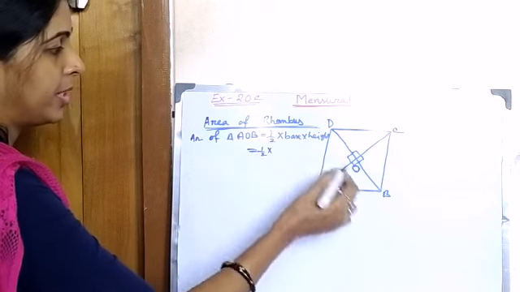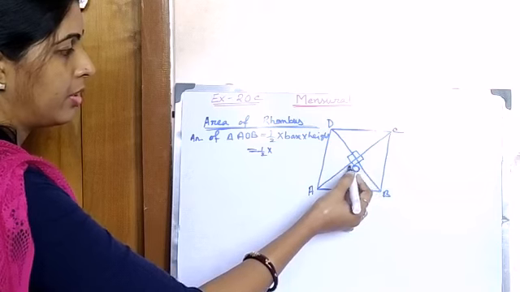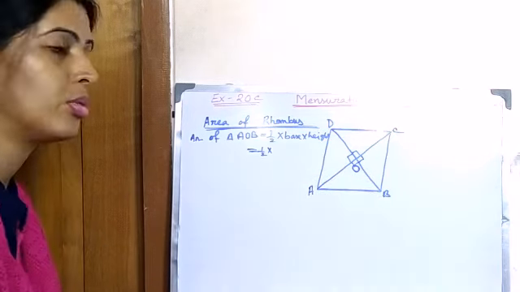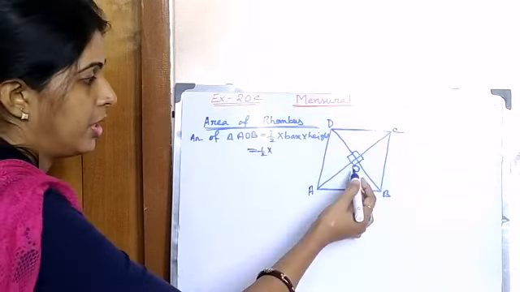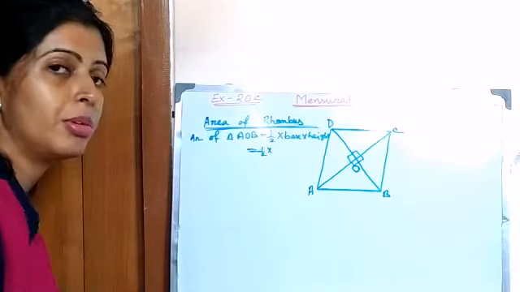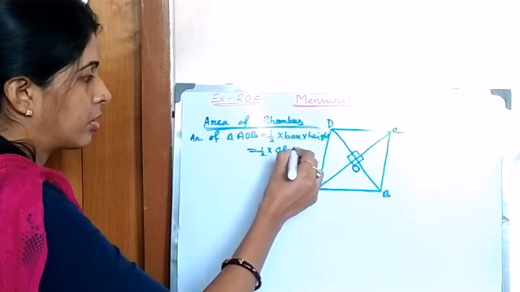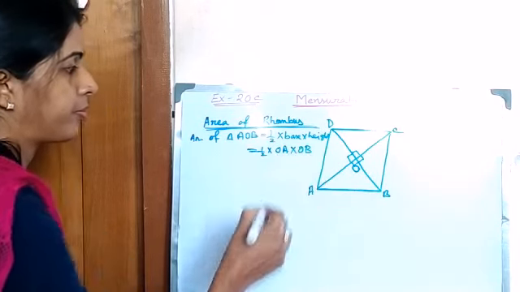Here the base is OB and the height is OA, because the right angle is formed here and AB is the hypotenuse. So half into OA into OB.